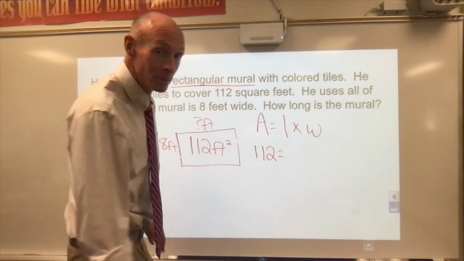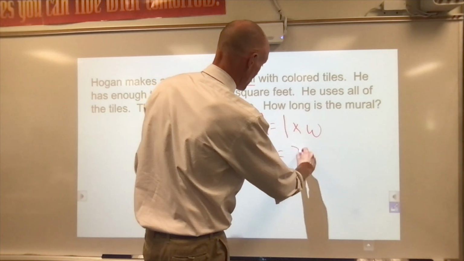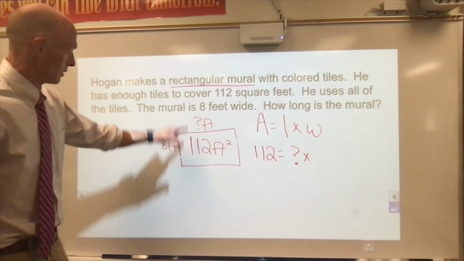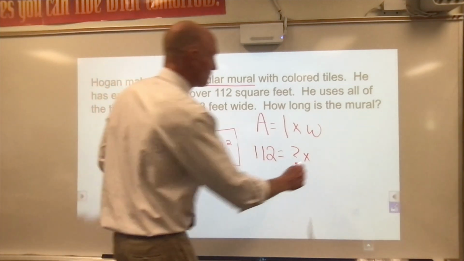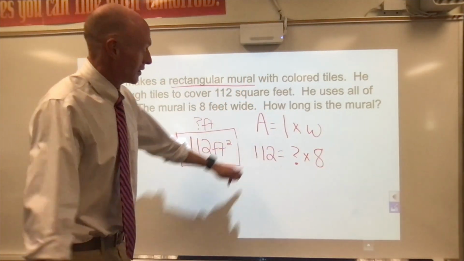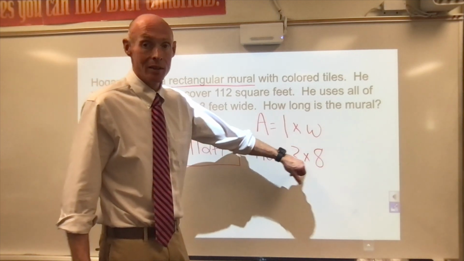We don't know. So we're going to say question mark times. Do we know the width? We do. It's 8. So in reality, what this is asking us is 112 is equal to what number times 8?